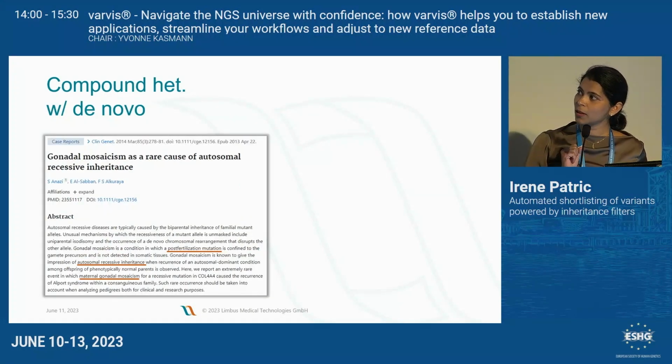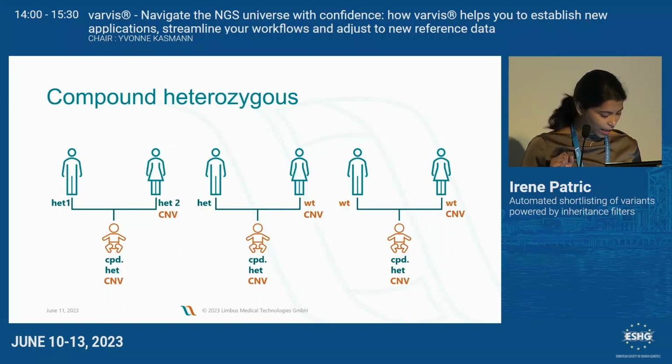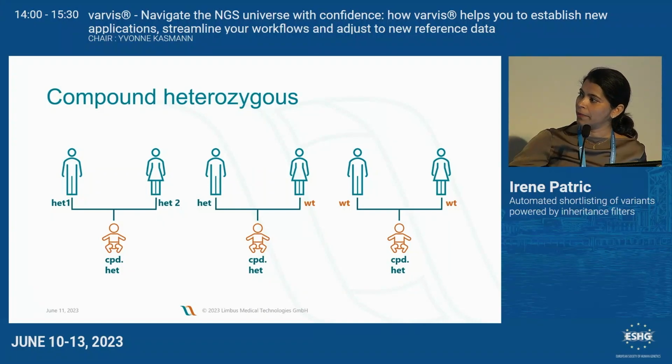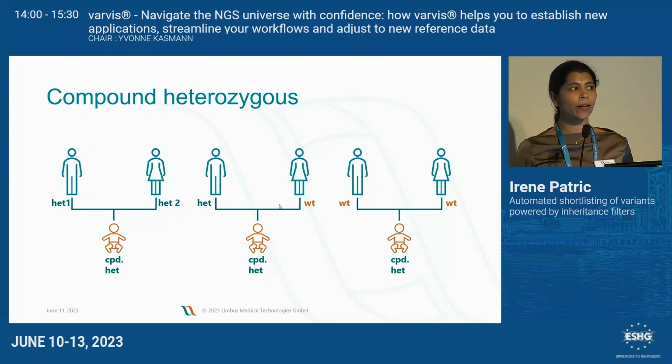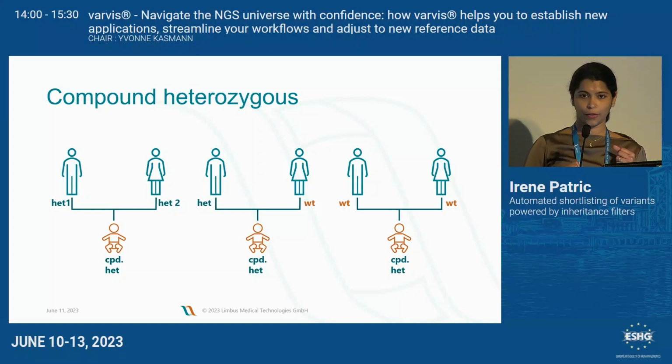But when it comes to mosaicism, if one of the parents were a carrier, you would see a compound heterozygous situation, but you wouldn't see it in one of the parents. So if your filtering tool is very strict with these, then you may miss such variants, and the diagnosis, of course, would be affected.